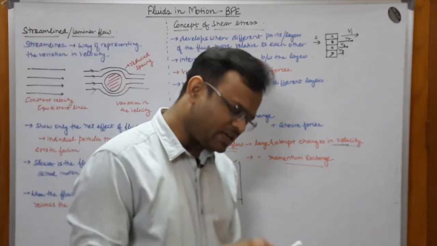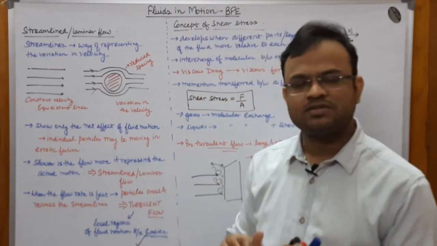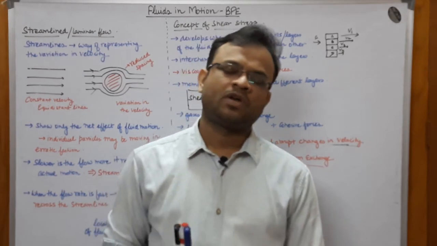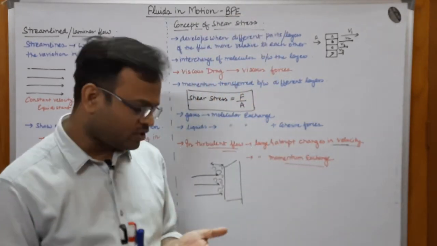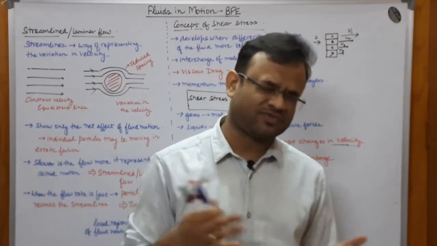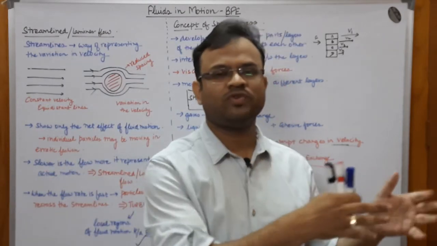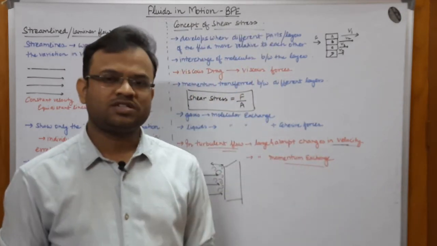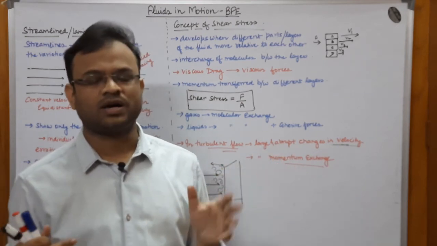How can you judge whether a fluid is moving in a streamlined flow or in a turbulent motion? How would you judge that? You cannot assess that through your eyes.